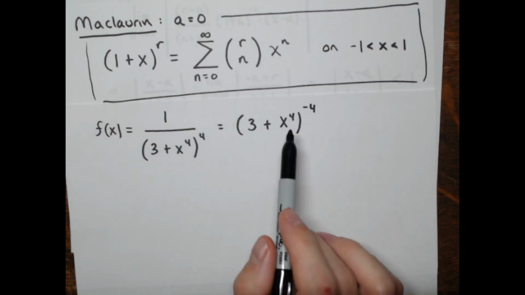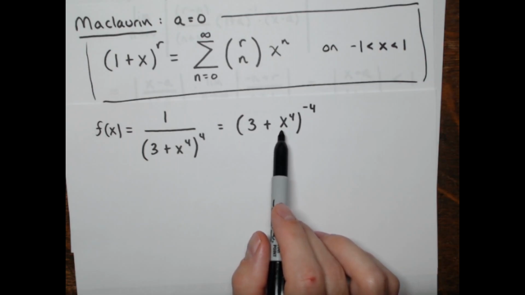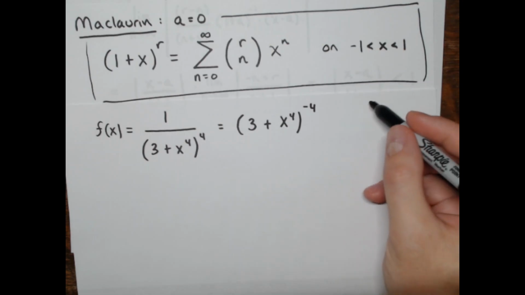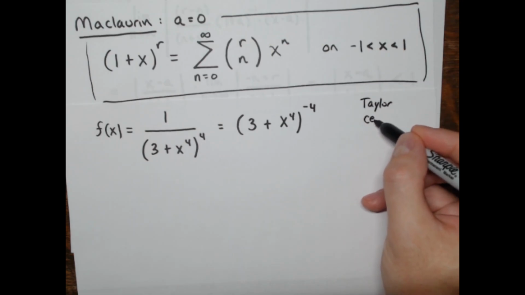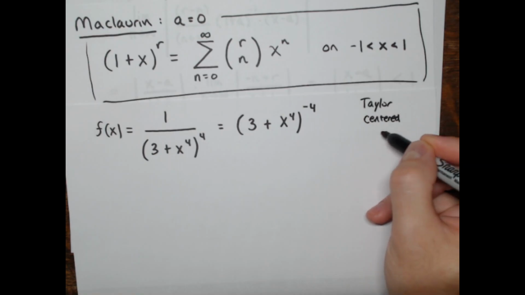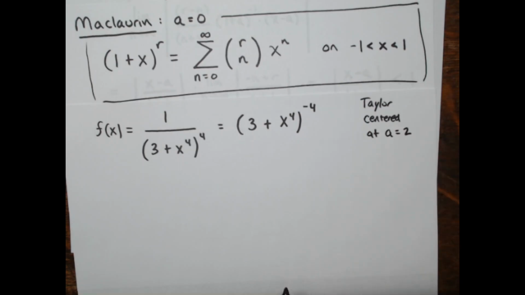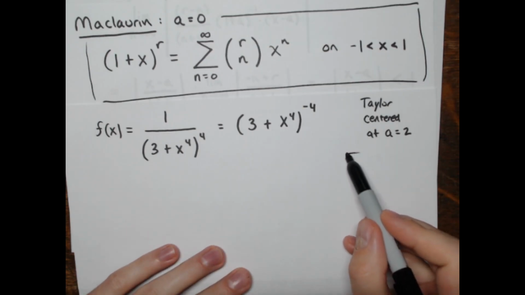I'm trying to think of how to rewrite this so that we involve x minus 2, right? They want the Taylor series centered at a equals 2. So that would be this, right?